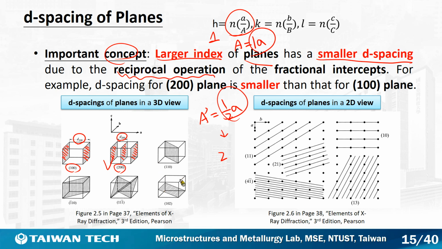And you can also see the d-spacings of planes in 2D views. I think you will figure out that for different planes, for different indices, they show different d-spacings.